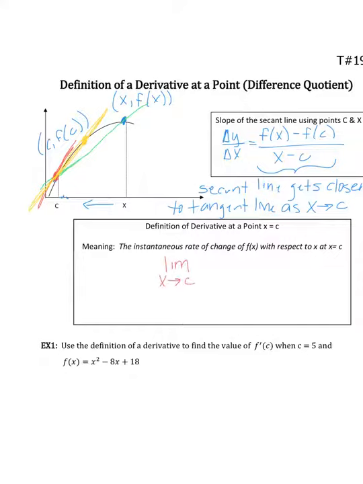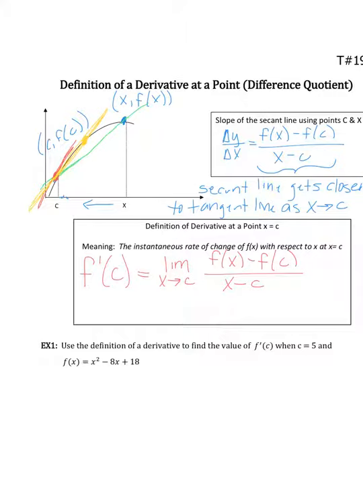of this difference quotient, that's not going to give me an approximation. That's going to give me the derivative at a point. And that, my friends, is the definition of a derivative at a point. If I take the limit as x approaches c of that difference quotient, it's not going to give me an approximation.